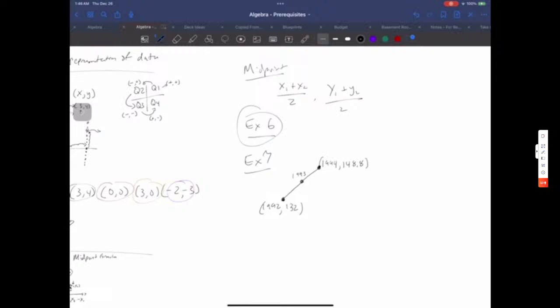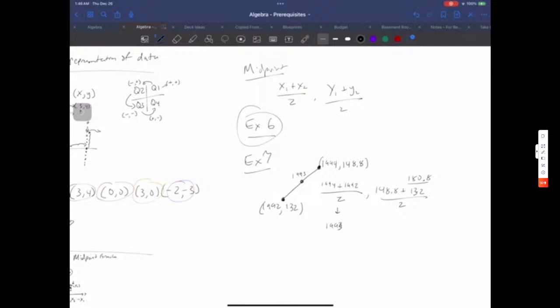That would just be the midpoint of those 2 points, so you'd have 1994 plus 1992 divided by 2, which the average, of course, is going to be 1993, which is what we wanted. Then for the y, we have 148.8 plus 132 divided by 2. 148.8 plus 132 is 280.8.